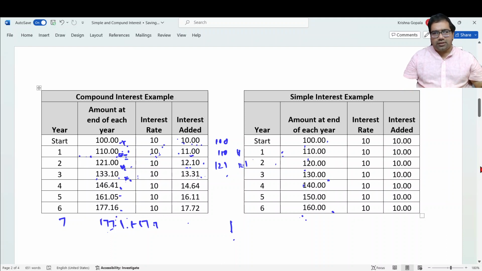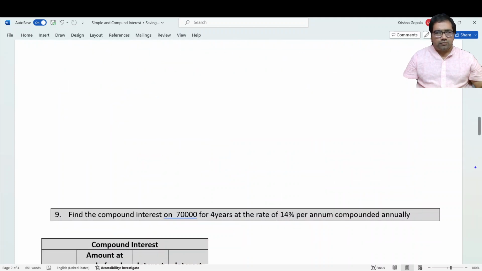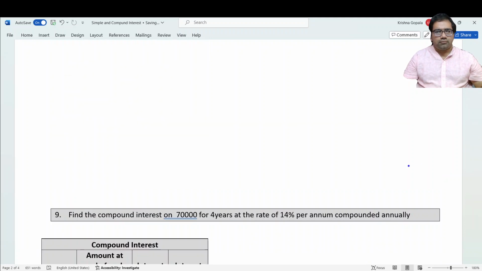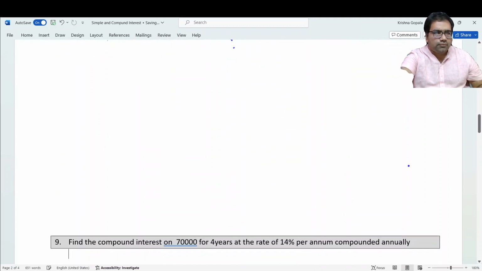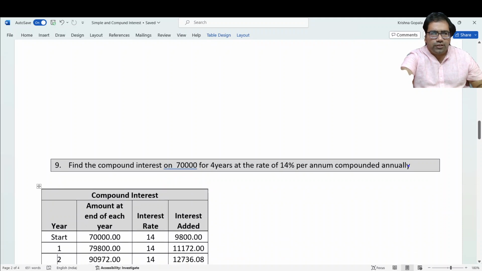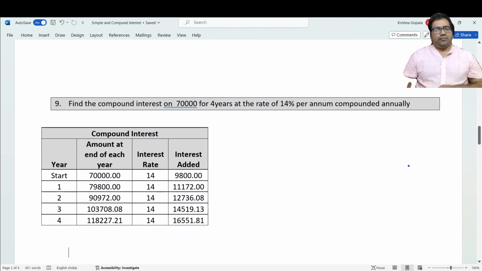Okay. Now let's try to solve some problems in compound interest. Find the compound interest on 70,000 for 4 years at the rate of 14% per annum compounded annually. Very good. 14% per annum compounded. What does that mean?